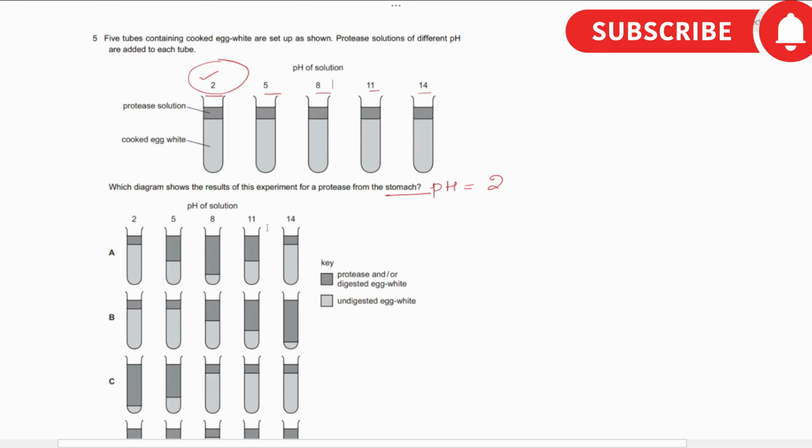Let's go to the question. 5 tubes containing cooked egg white are set up as shown. They are cooked. Protease solutions of different pH are added to the test tubes. Which diagram shows the result of the experiment for a protease from the stomach?